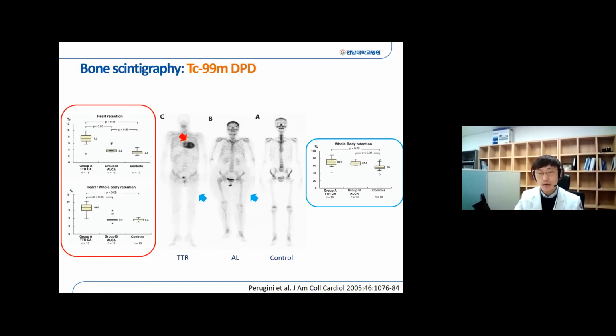When it is equivocal, it is quite challenging for clinicians. That's why I recommend you use SPECT-CT in such cases. There were some studies evaluating the value of SPECT-CT in patients with equivocal bone scintigraphy findings, but I'm not sure it has already been published as a paper. Maybe I will have to take a look.